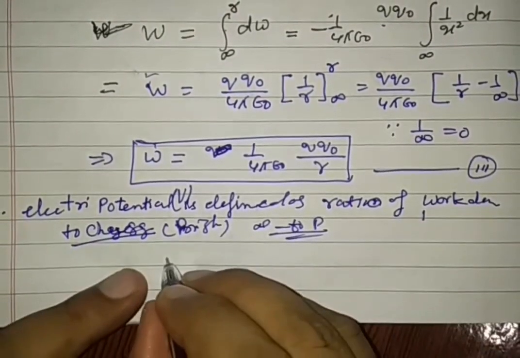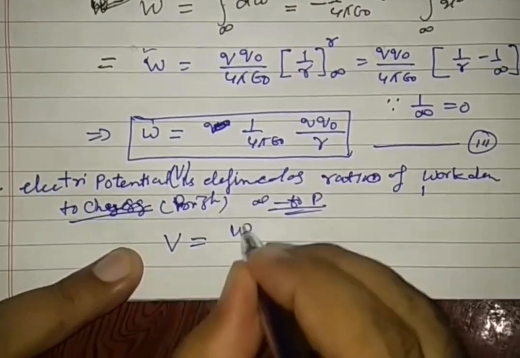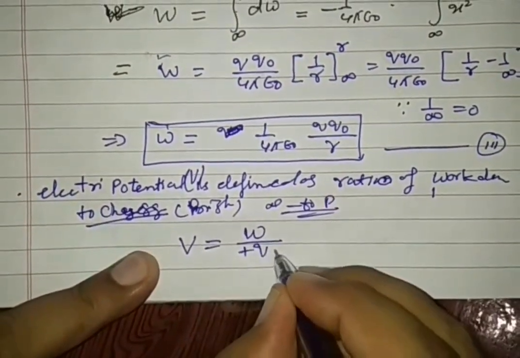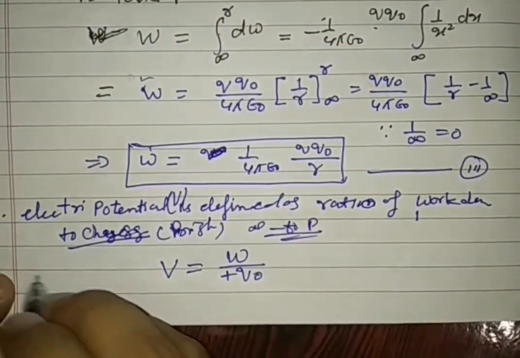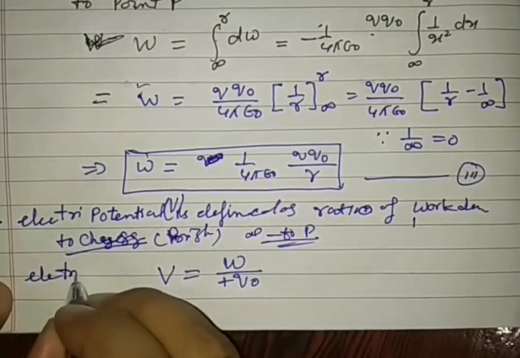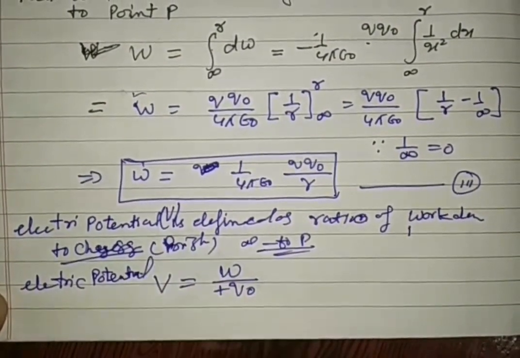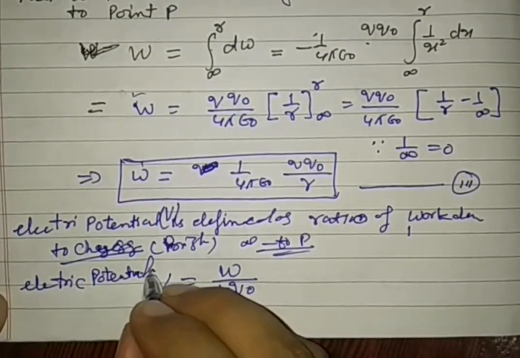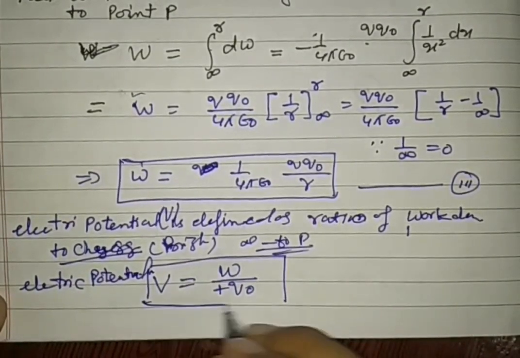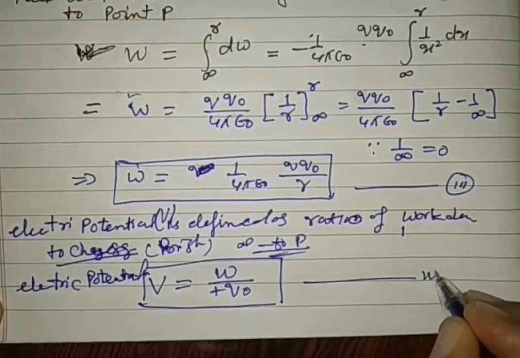So electric potential V is equal to W by plus Q0. This V is the electric potential, right? And this is represented by equation 4.